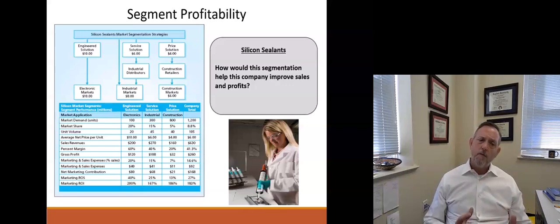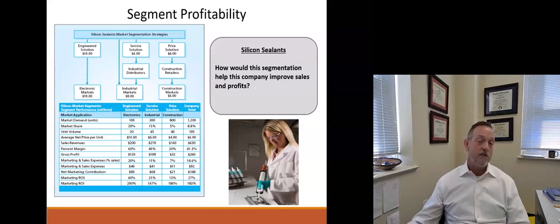So just think about which of these three market segments are most attractive to us, and consider that as a summation of evaluating market segments. This is a real good illustration of how we can put numbers and metrics to some of these concepts, and it makes sense for us.